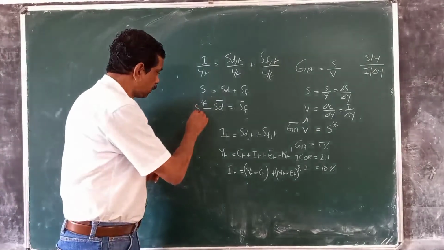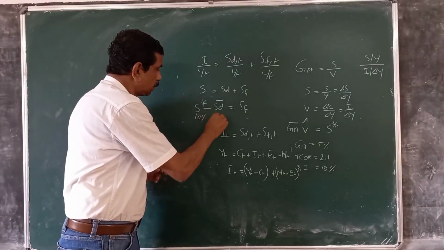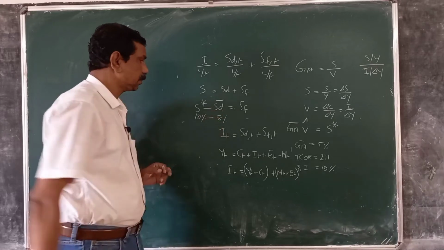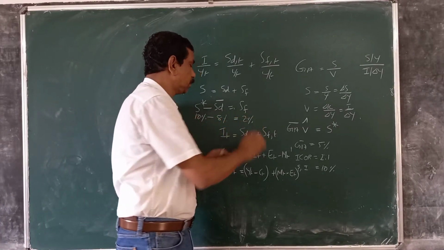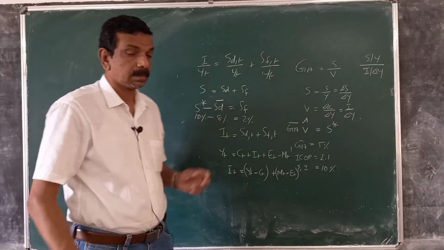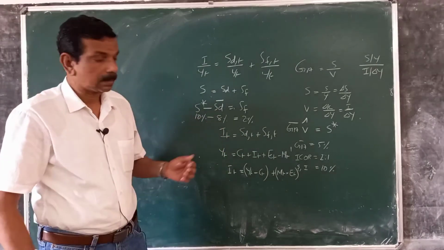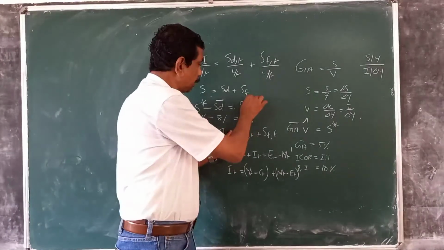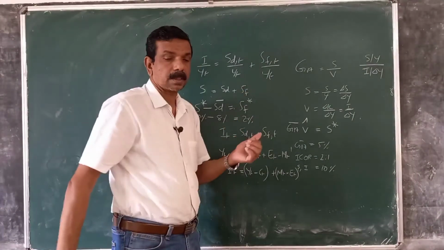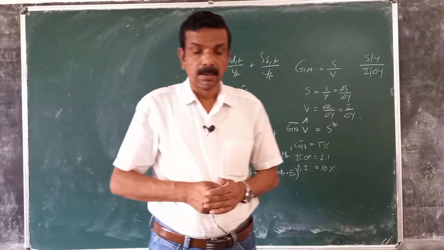If required savings is 10% and maximum domestic is 10% minus 2%, then foreign saving is 2%. So S star minus SD bar is equal to what is known as SF star. It can be written like this.